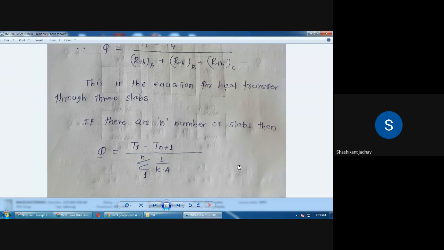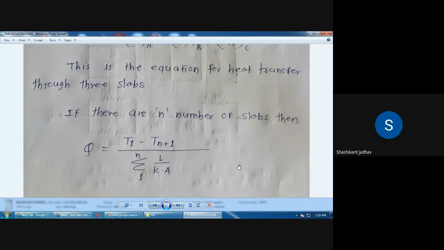So this is the standard equation if there are n number of slabs. Q is equal to T1 minus Tn plus 1 divided by summation from 1 to n of L by K.